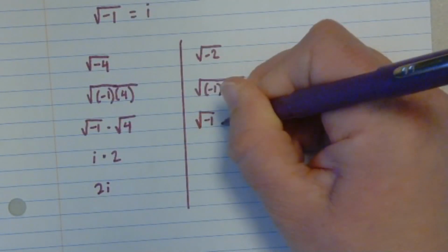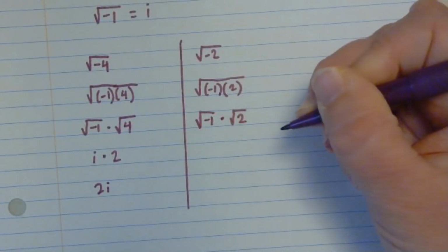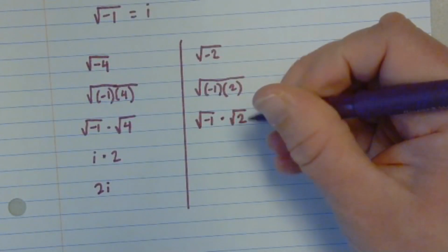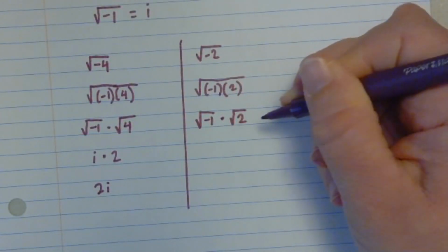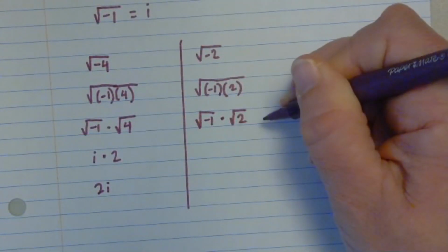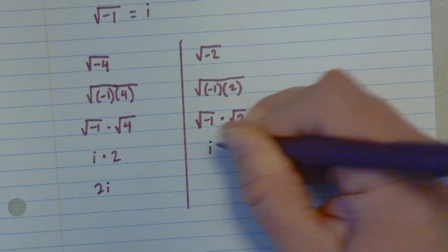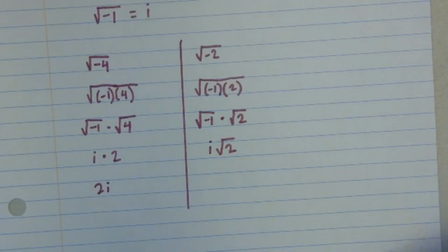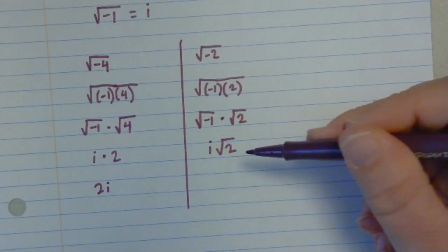So I have the square root of -1 and then a positive square root. And in this case, I know the square root of 2 is an irrational number and cannot be simplified further. And if you're not sure how to tell that, please look at my video on simplifying square roots that I've linked in the description. And so this becomes just i times root 2. And because this is still under a square root, I have it after the i, like this.